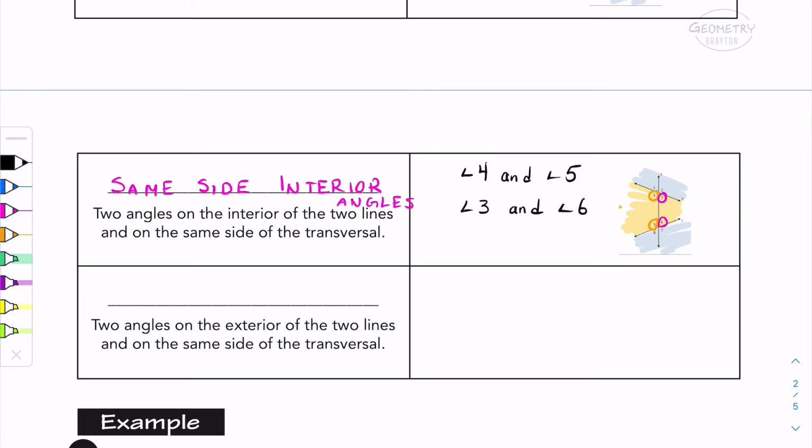And the last angle pair we're going to look at is called same side exterior angles. And these are two angles on the exterior of two lines, but on the same side of the transversal. So as you can tell, all of these angle pairs are determined by where the transversal is, which is why it's so important that you can identify the transversal.